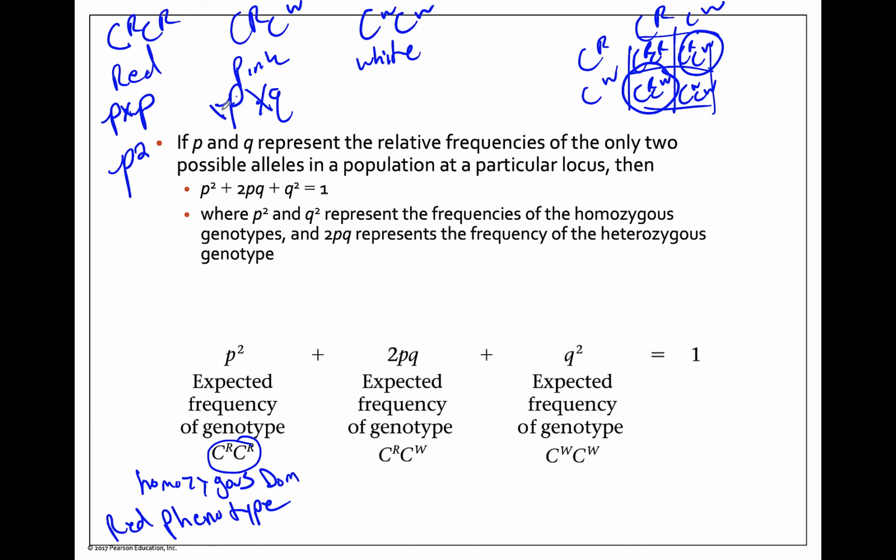So we're actually going to multiply this by 2. So that's how we get 2PQ. And this is going to be the expected frequency of the CR-CW genotype. In this case, we mean the heterozygote. For the snapdragons, this is going to be the pink phenotype.